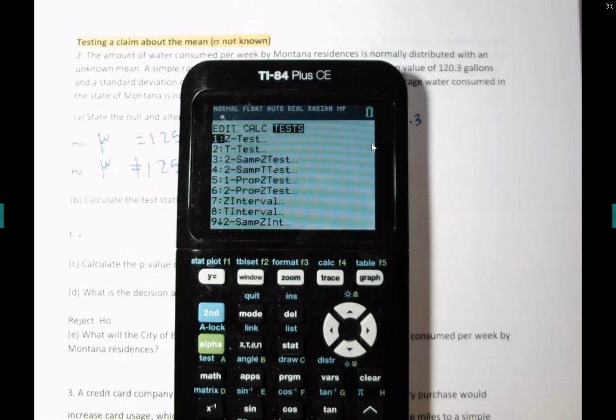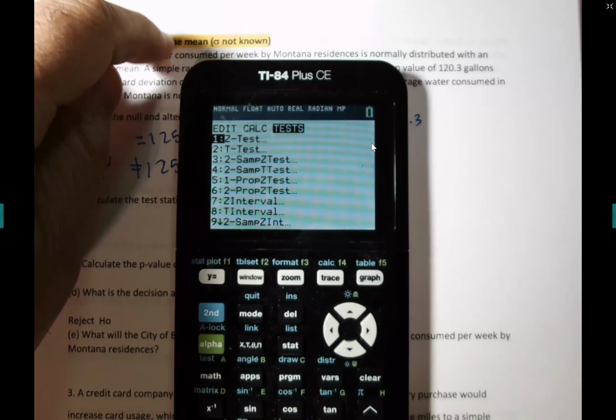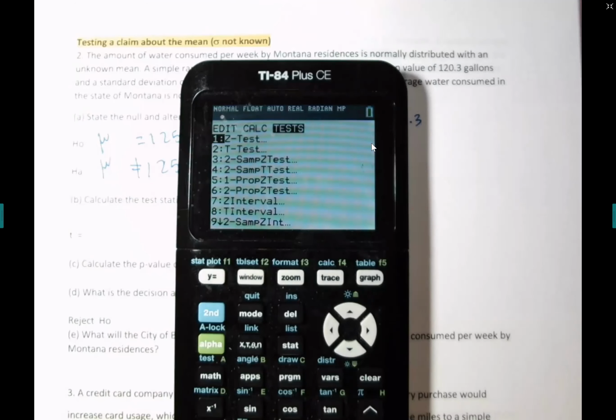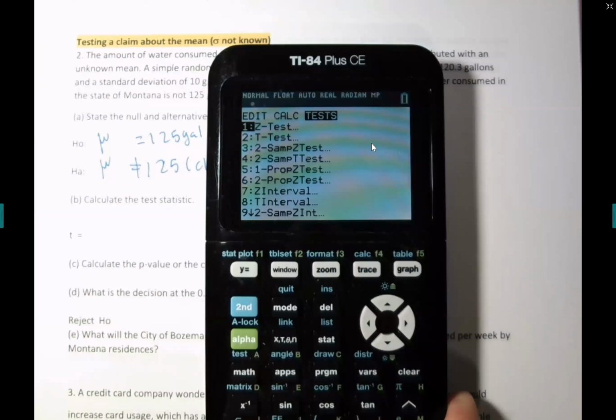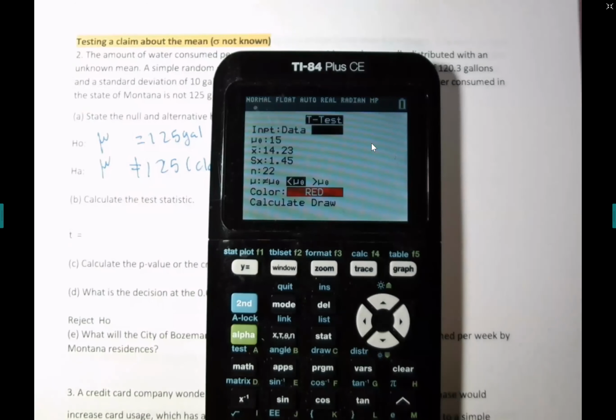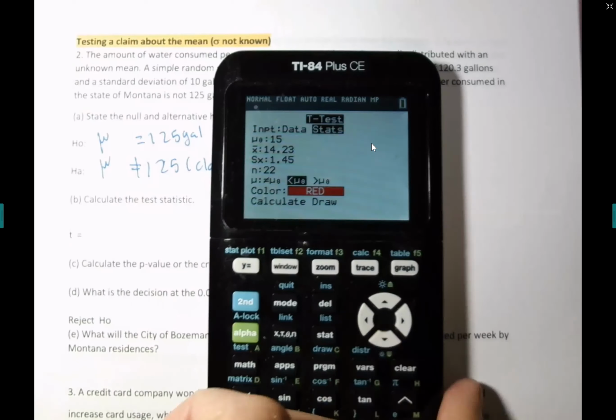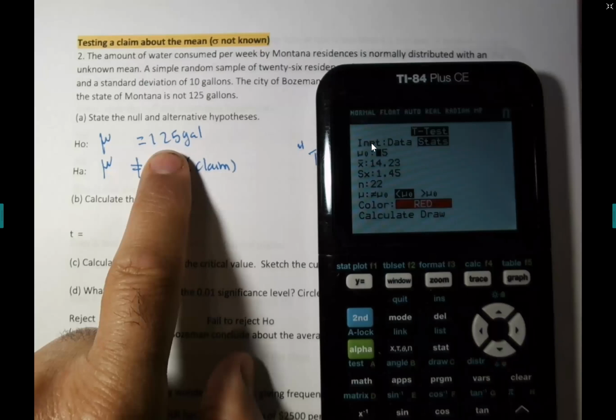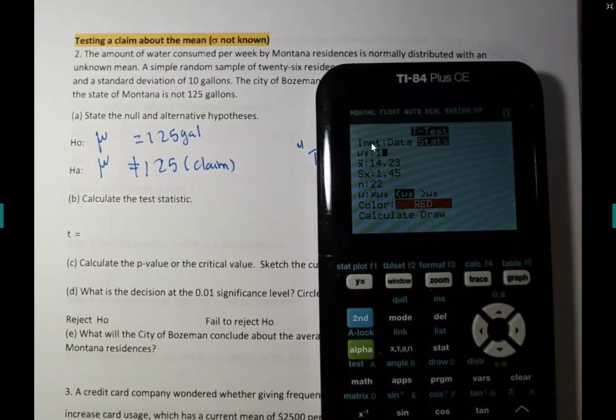Now, this is sigma not known. From the title, it's going to be a t-test. But you'll see later when I mix the questions, you should be able to tell right away which test we are using. So t-test, number 2. Okay, and let's see, mu 0. The value from the null hypothesis has to go there, so 125.